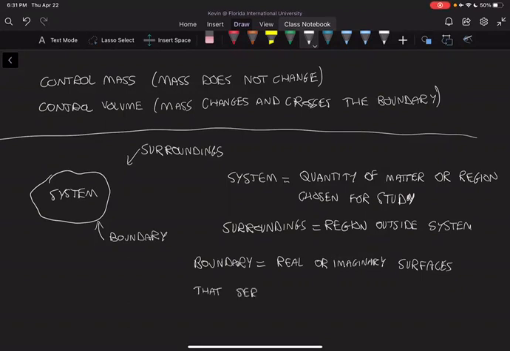So a real or imaginary surface that separates the surroundings and system. And this boundary, since it can be real or imaginary, is going to be assumed to have 0 thickness.